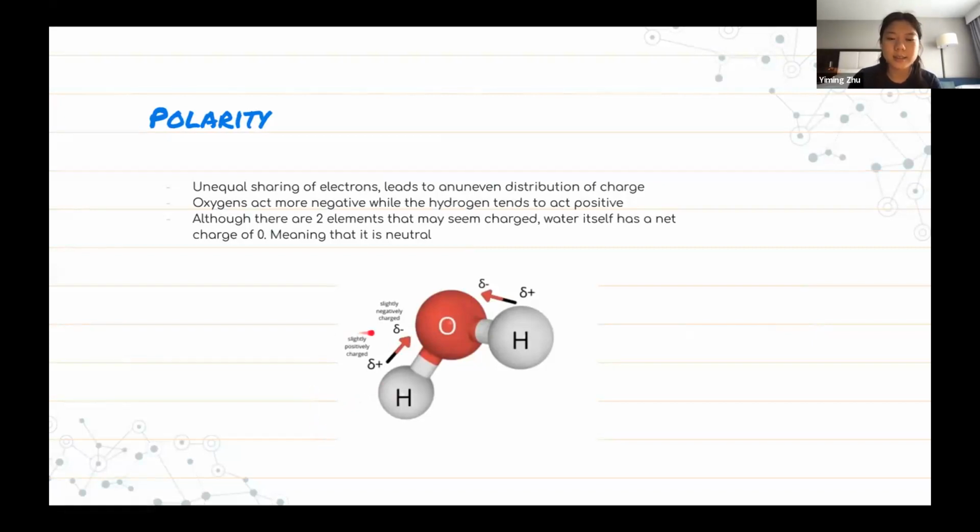As you can see, it's slightly negatively charged over here, while this is slightly positively charged. Although there are two ends that are charged, water itself has a net charge of 0. Basically, water by itself is not charged, because there's a positive end and a negative end, so those two cancel out.